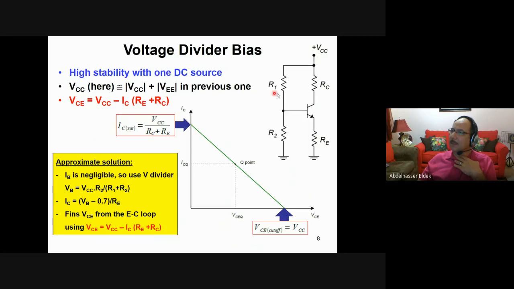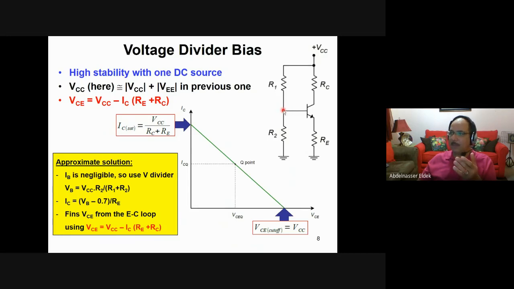First, we assume that the current here, IB, is negligible. We know that IB is very small, so we can neglect it. So the current here will approximately continue in R2, as if this one doesn't have any current. In this case, the voltage at this point is given by the voltage divider.